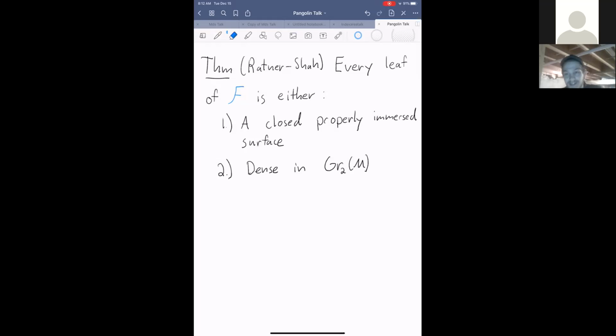So Samuel here is asking whether the construction of the foliation F holds for any complete Riemannian manifold. That's a good point. You need hyperbolic, for what I'm saying, in order for the leaves to be totally geodesic at least.